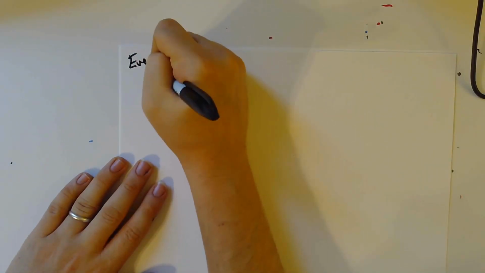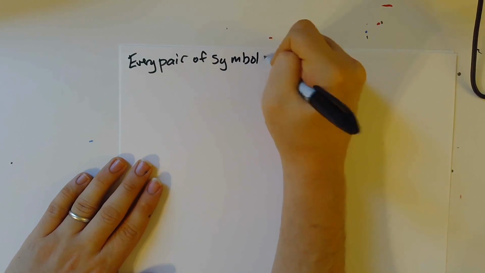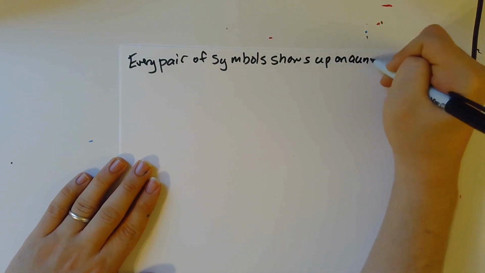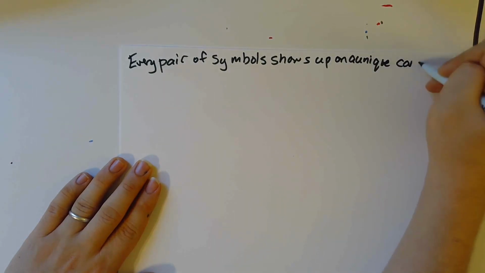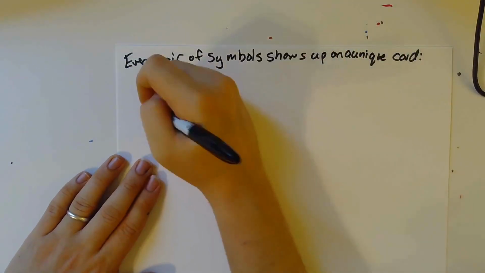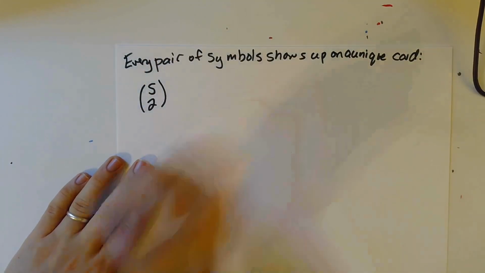So next, I'm going to use the fact that every pair of symbols shows up on a unique card. And I'm going to use that to count the number of cards. So how many pairs of symbols are there? Well, there are certainly S choose 2 pairs of symbols.